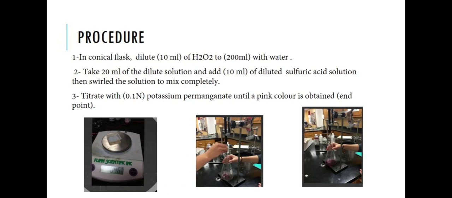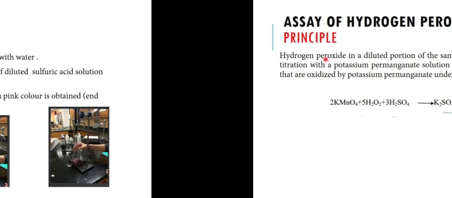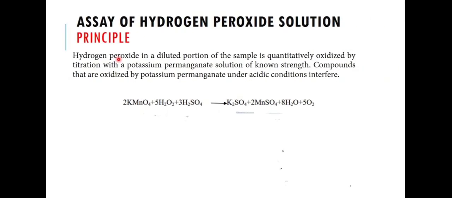So KMnO4 itself acts as an indicator. This is the method of assay of hydrogen peroxide by the permanganometric method or by the oxidation reduction titration method. 2KMnO4 + 5H2O2 + 3H2SO4 gives K2SO4 + MnSO4 + 8H2O + 5O2.